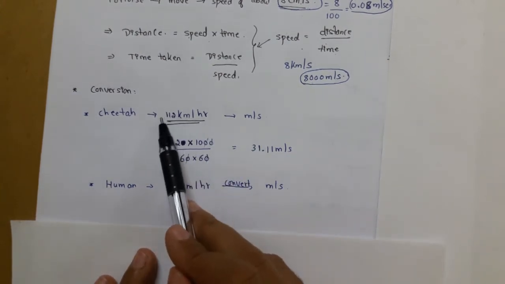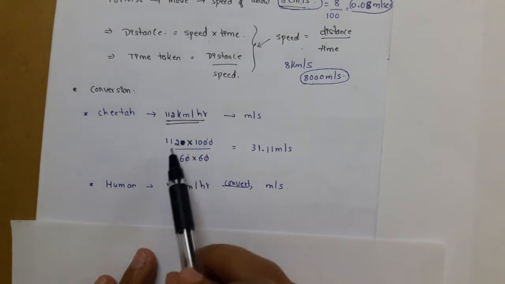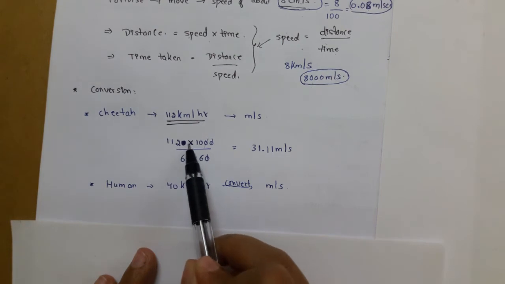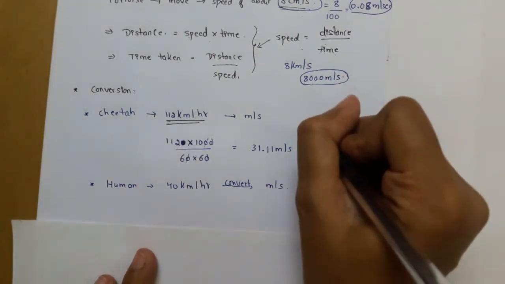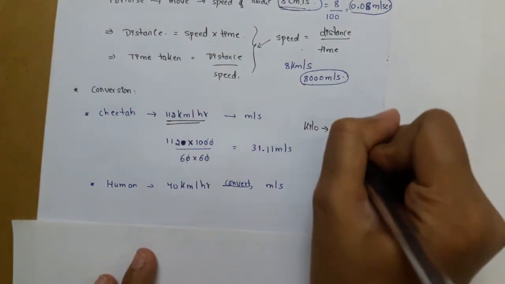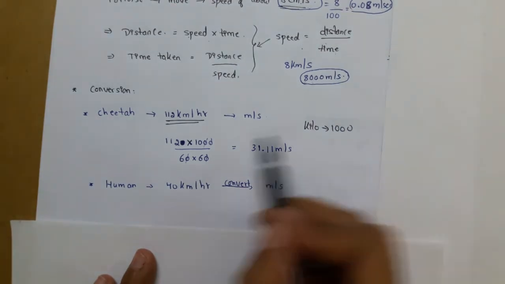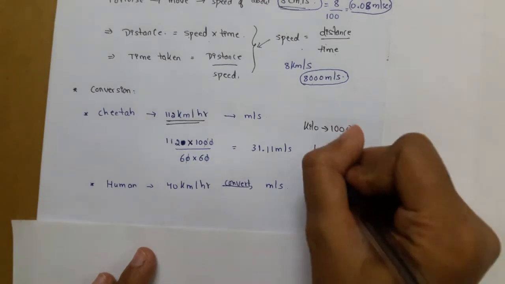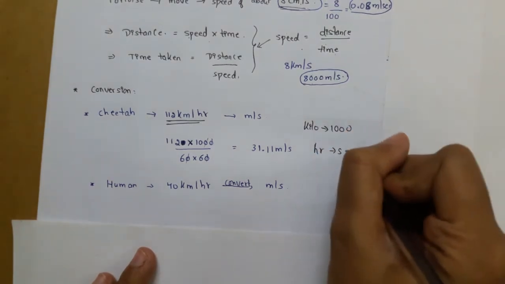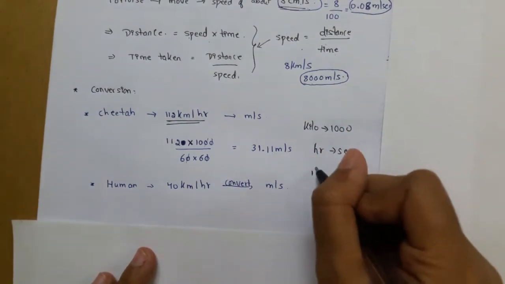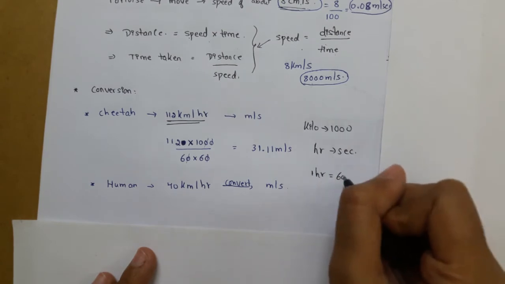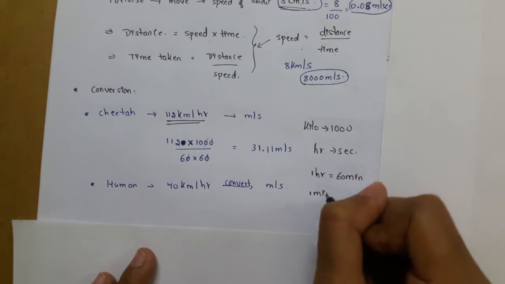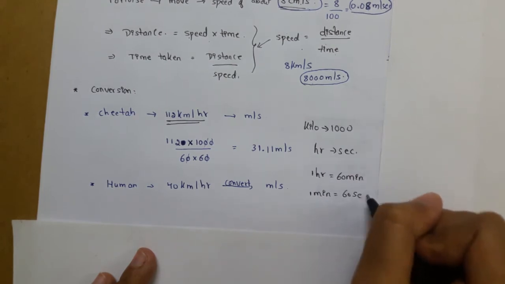First write 112, into, as I said, kilo means 1000. So multiply with 1000, and divide by the seconds in an hour. 1 hour is equal to 60 minutes, and 1 minute is equal to 60 seconds.